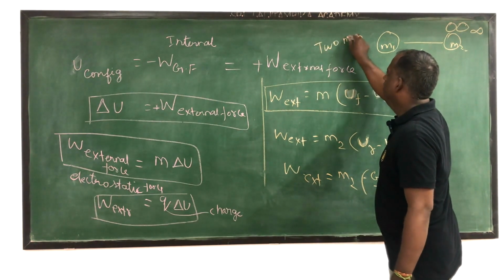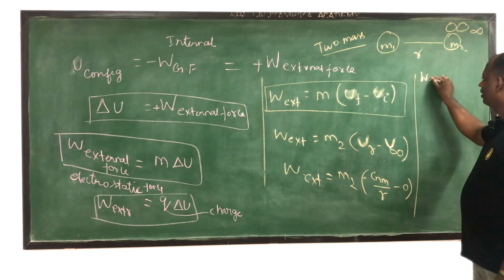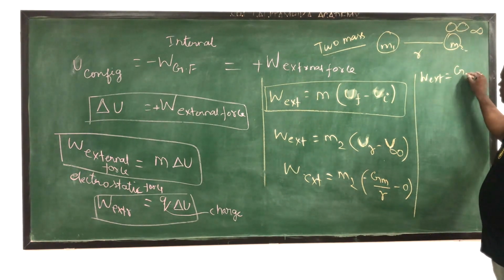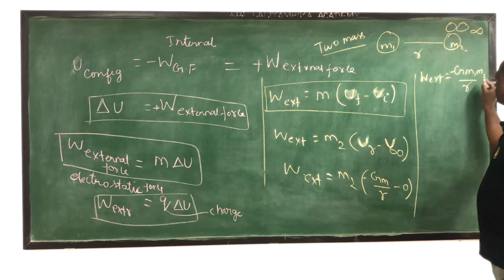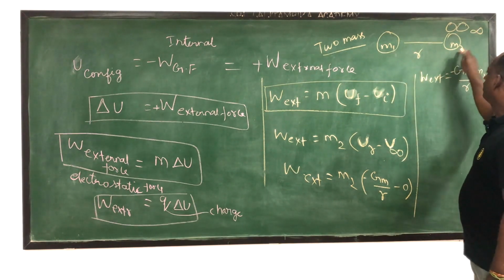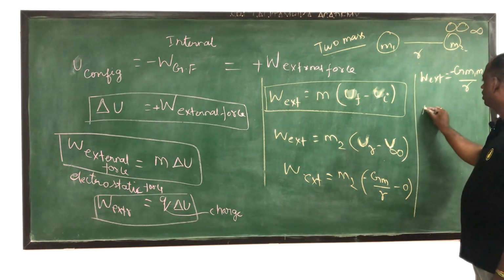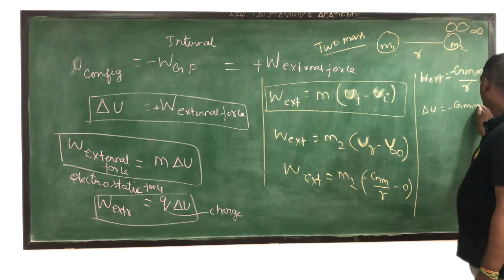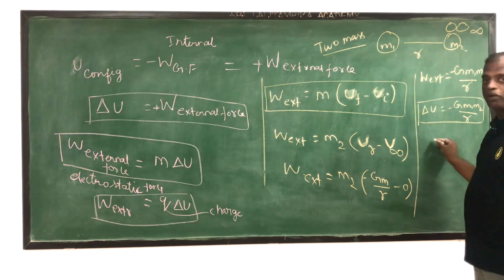So work done by the external force is equal to minus G M1 M2 by R. Here M1 is at R and M2 is at infinity, and at infinity it will be 0. So delta U is equal to minus G m1 m2 by R. So this is for two masses, relative mass.